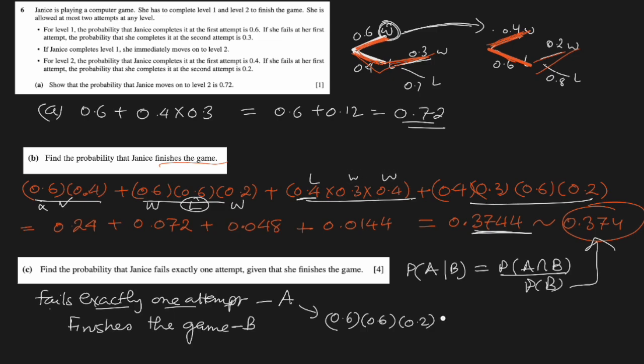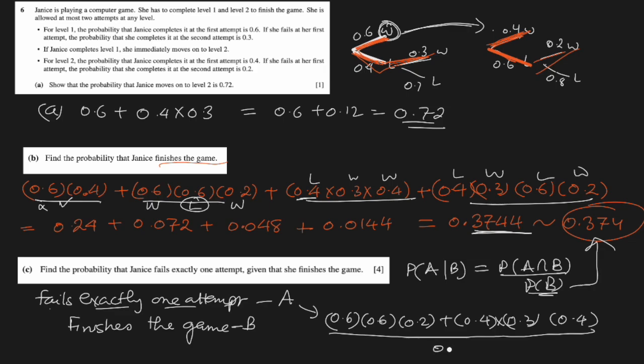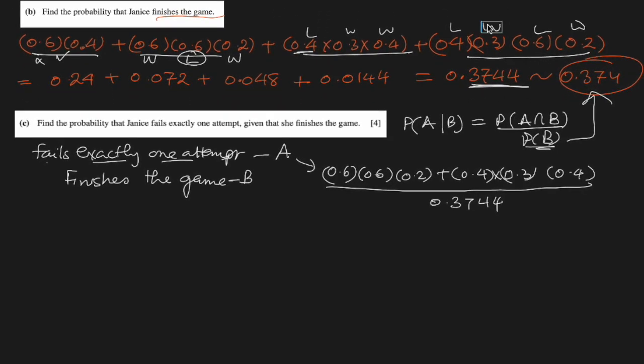Again, this is also the one: 0.4 times 0.3 times 0.4. And here she loses, wins, loses, wins. She does not lose exactly once. So these are the only two. And divide by P(B), 0.3744.